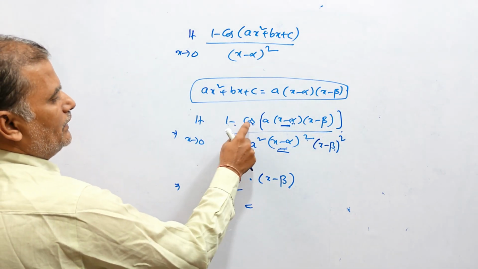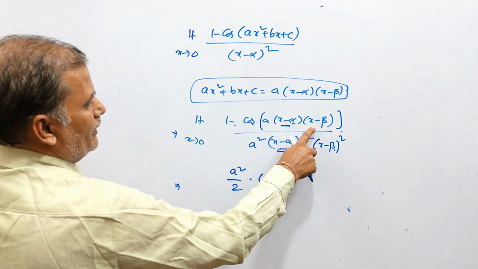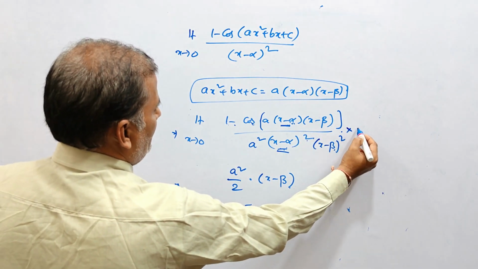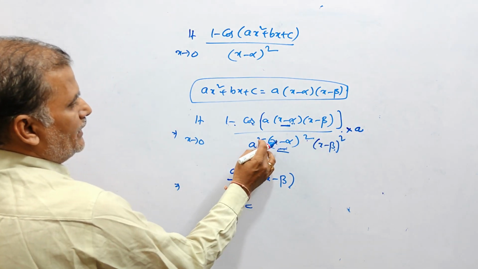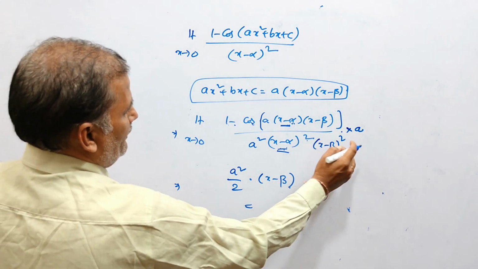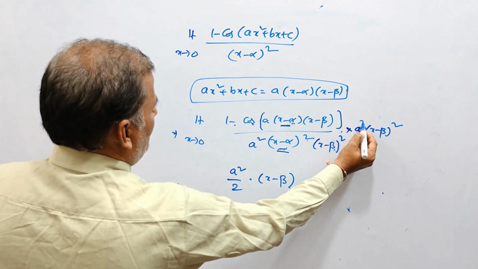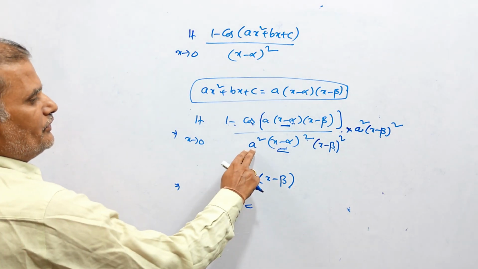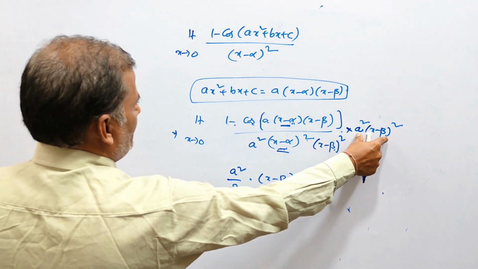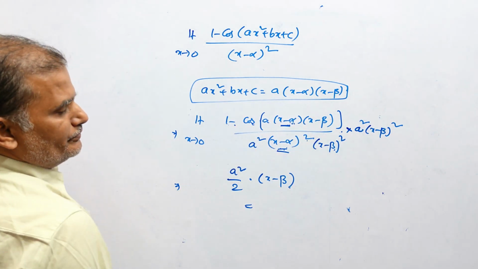Square, cos x by x square. Here a means a square. That means we have to multiply here by a, because a cancels, again a we get. Here (x minus beta), we multiply with (x minus beta) whole square. No confusion, a square into (x minus beta) whole square, both are cancelled, again we get the same.